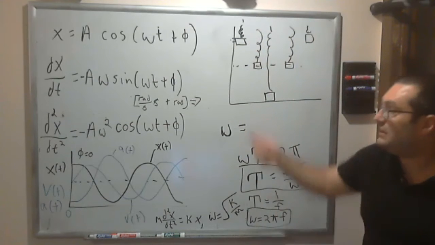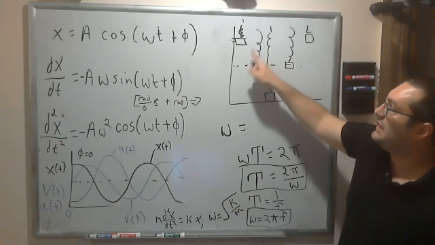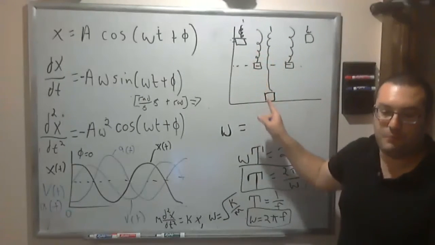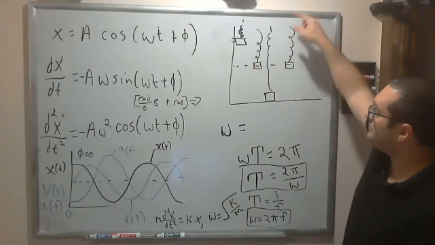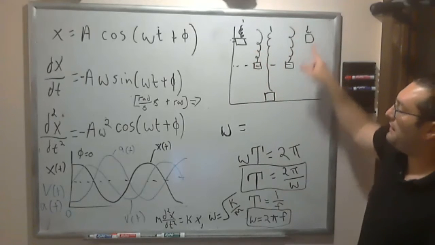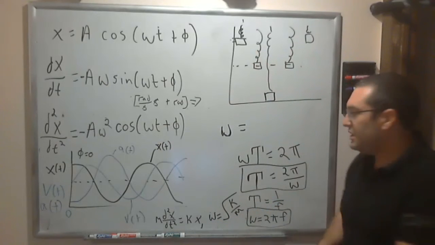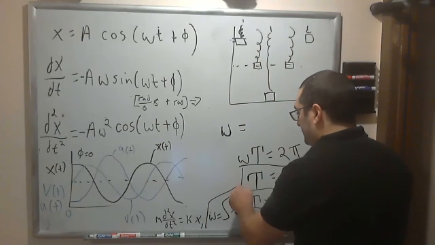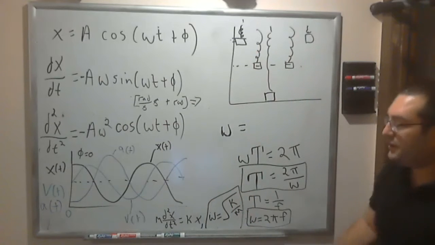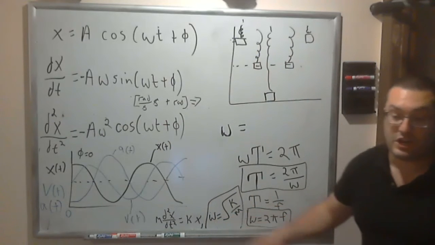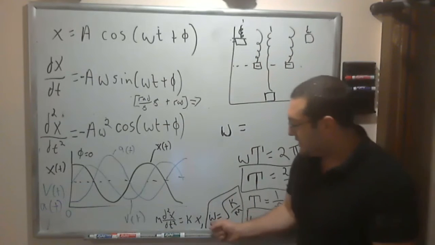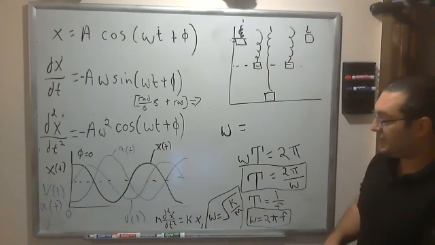The increase in velocity and the distance it travels end up compensating for each other. So the period does not change, and neither does the frequency, how fast it oscillates.